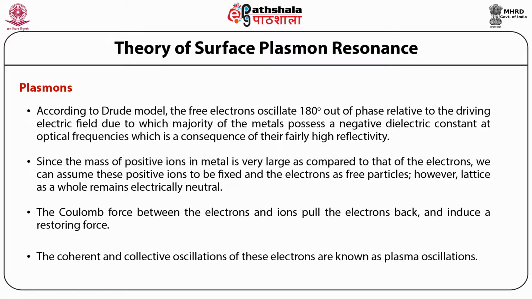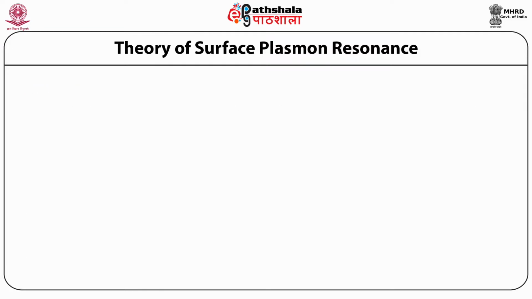The coherent and collective oscillations of these electrons are known as plasma oscillations. Just like we have the quanta of light waves, that is a photon, the quanta of plasma oscillations is known as plasmons.